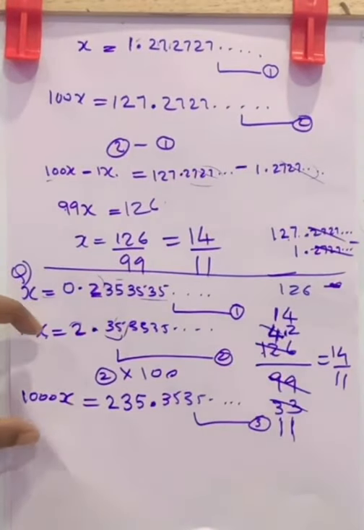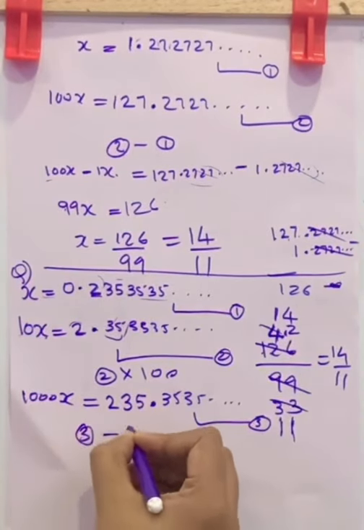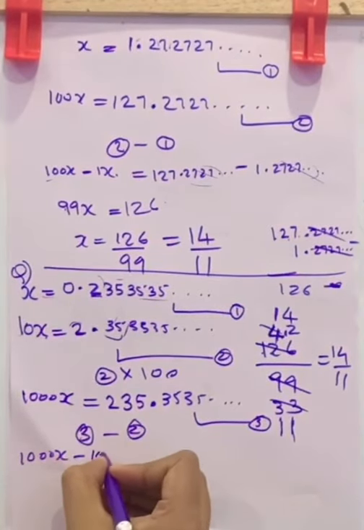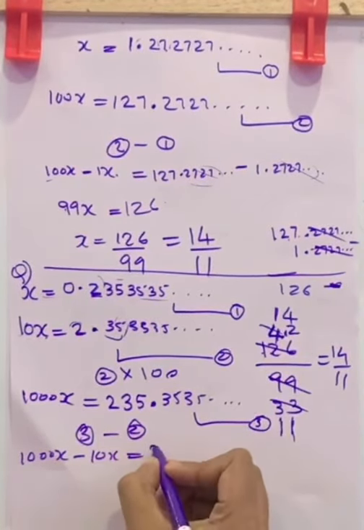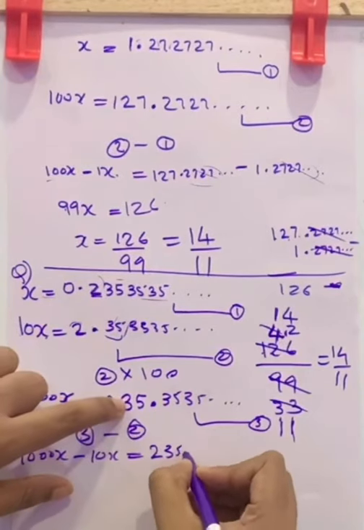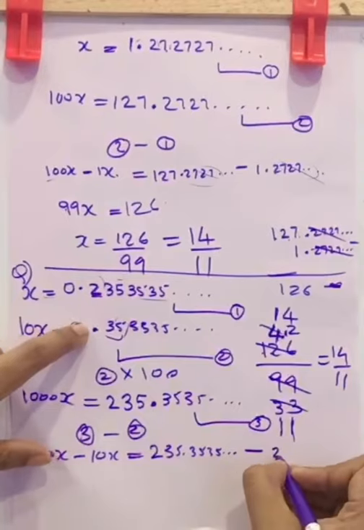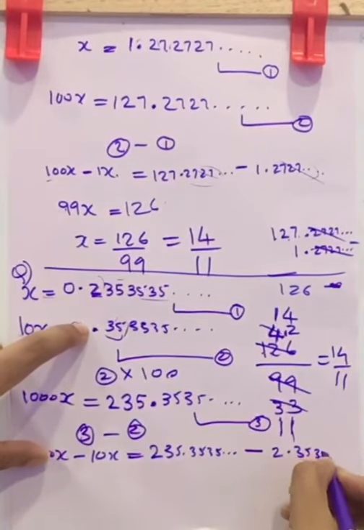Now you want to subtract these two equations, that is equation 3 minus equation 2, that is 1000x minus 10x is equal to 235.3535, etc. minus 2.3535, etc.